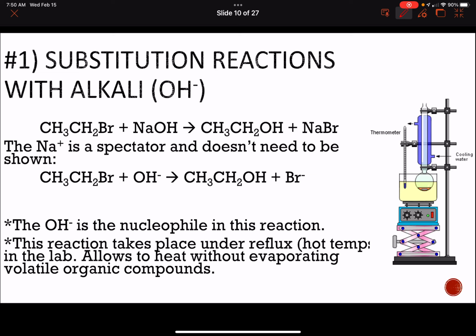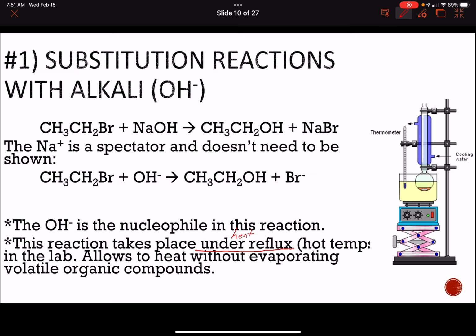Take a look at this. The OH minus is the nucleophile. This reaction does require something called heating under reflux. This isn't generally true for most substitution reactions. You don't need too high of heat, but you do need to heat under reflux. You don't need to state a specific temperature. You just say heat under reflux.